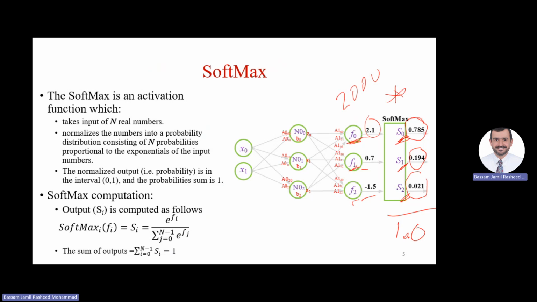Now, no one is asking you to design a neural network and do the computation by hand. In fact, none is done by hand. At the end, you program the neural network in a programming language of your choice, Java, Python, whatever you want. Obviously, the language of choice is Python.